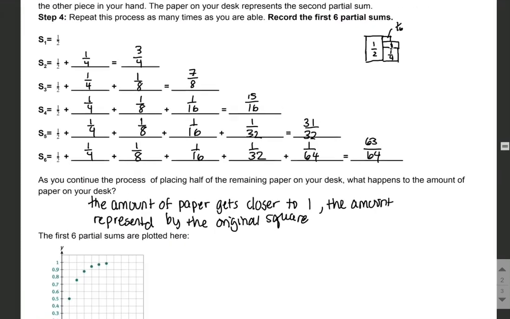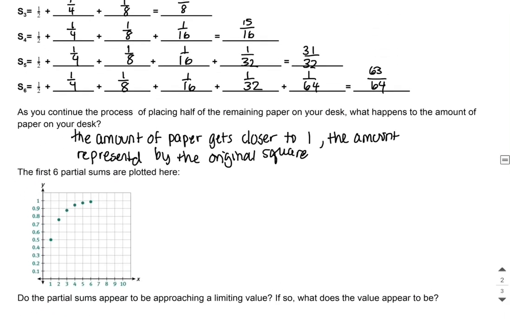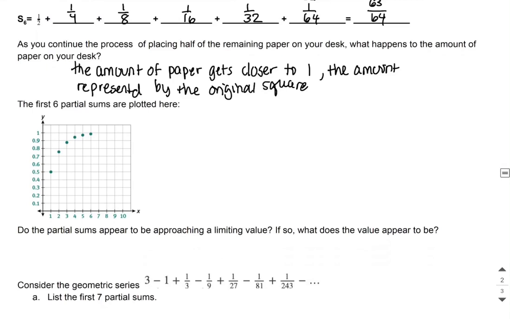In this example, well, actually, we'll talk about that later. For this example, the first 6 partial sums are plotted here. Do these partial sums appear to be approaching a limiting value? This is the n, and this is the partial sum.